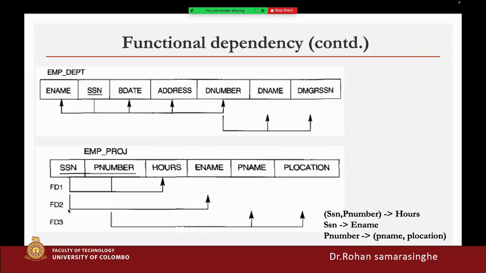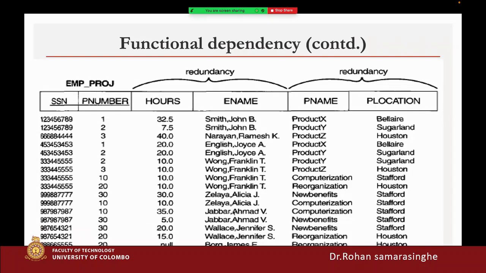These are the functional dependencies: from the SSN we can access the employee name, and from the project number we can access the project name and the project location.